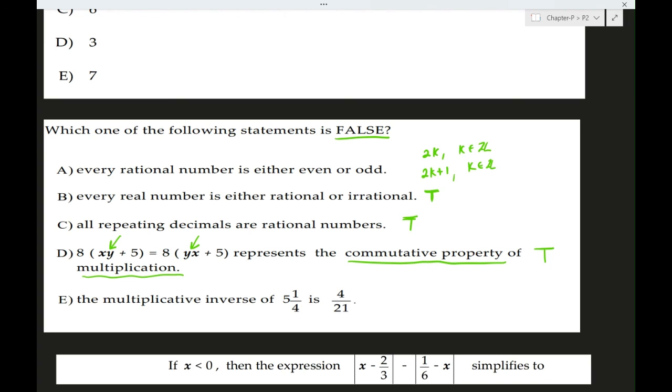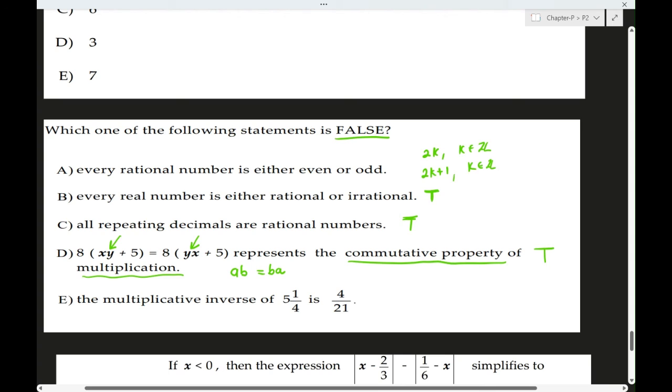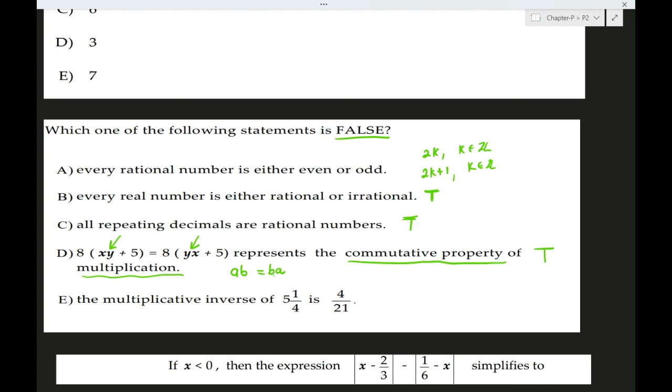And when we did commutativity under multiplication, we said AB is the same thing as BA. So if you multiply A times B, it's the same thing as B times A. This is what we mean by commutative under multiplication, while under addition, we said A plus B equals B plus A. So this is also a true statement.